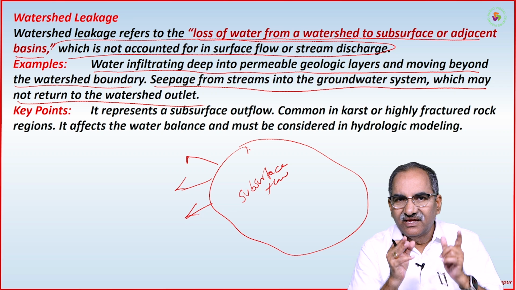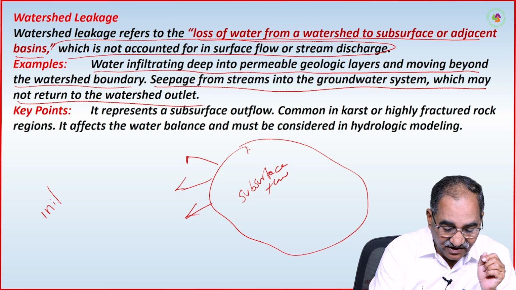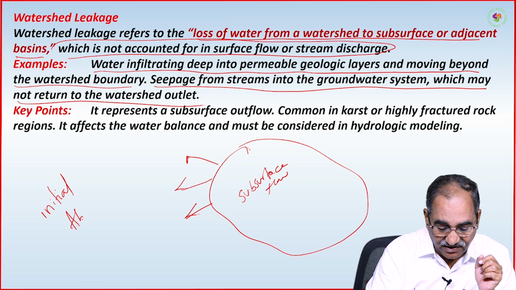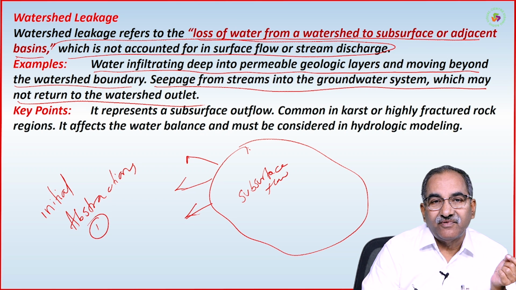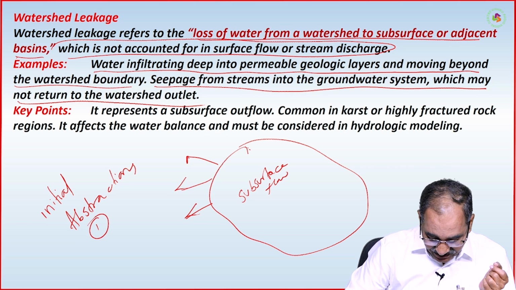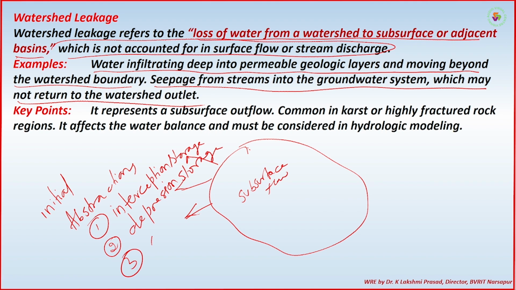So this completes the initial abstractions. The initial abstractions are: number one, interception storage; number two, depression storage; number three, watershed leakage.